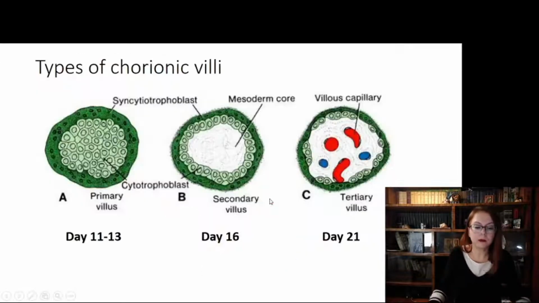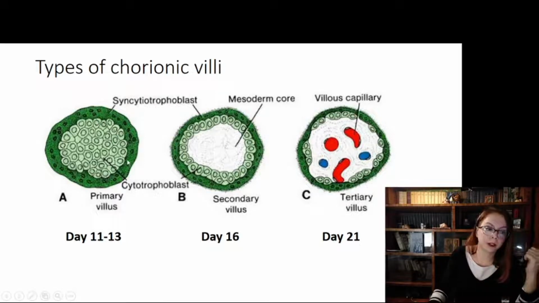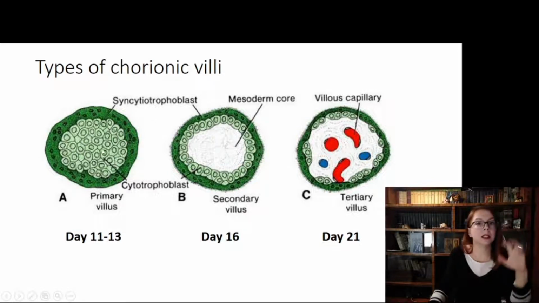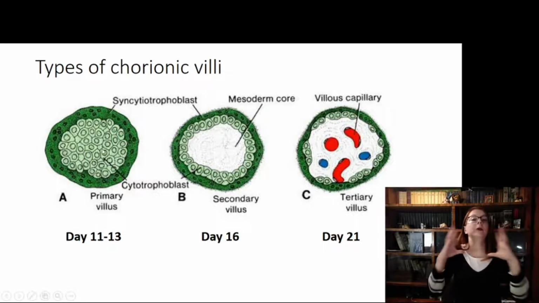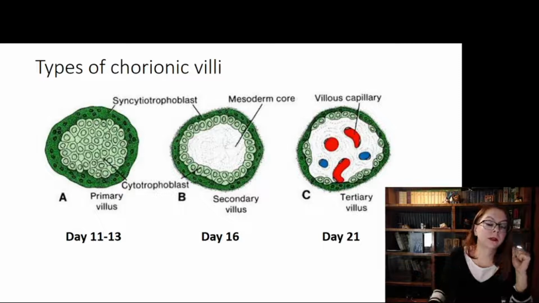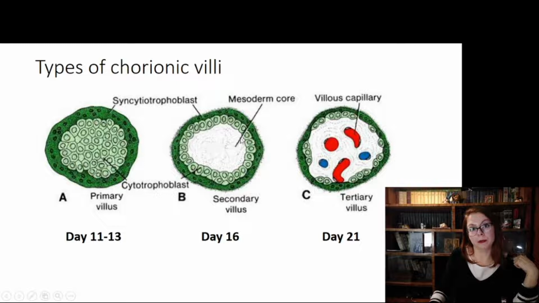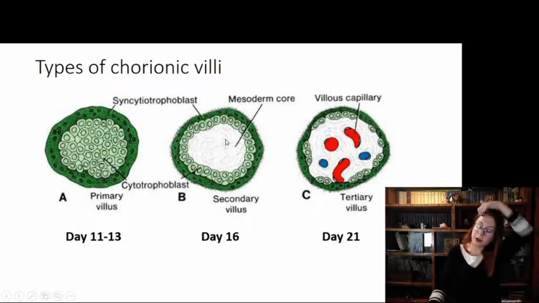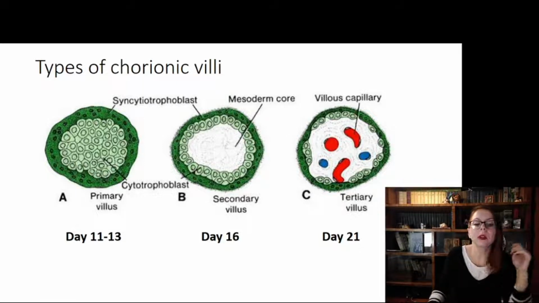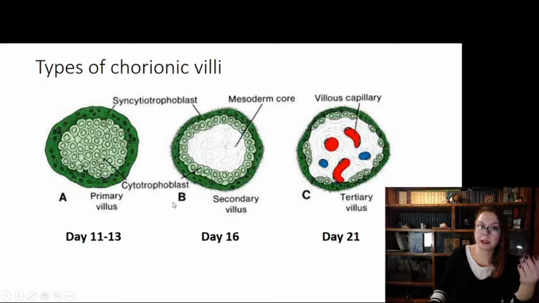And there are three generations of villi. First of all, villi, root-like structures, are represented only by cytotrophoblast, surrounded by the syncytial trophoblast. And this is what we can see at the beginning of the placenta formation. Then, inside those villi, some mesenchymal cells appear, mesenchymal cells of fetal, of embryonic origin. And such villi are called secondary.